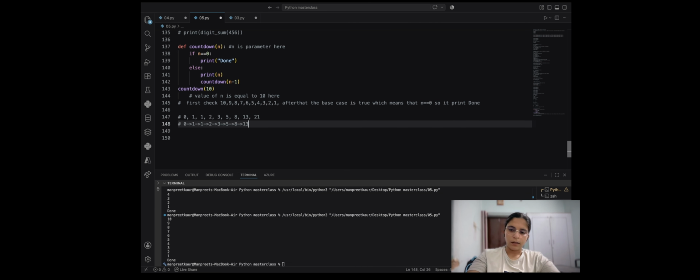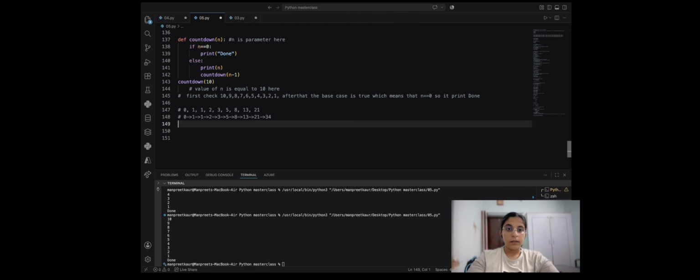Then 13 plus 8 is 21. 21 plus 13 gives you 34, sorry. This is the beauty of the Fibonacci series.